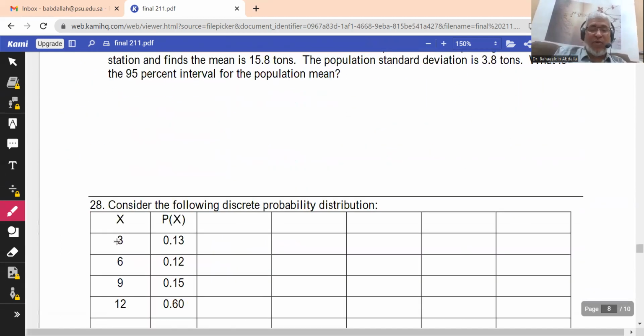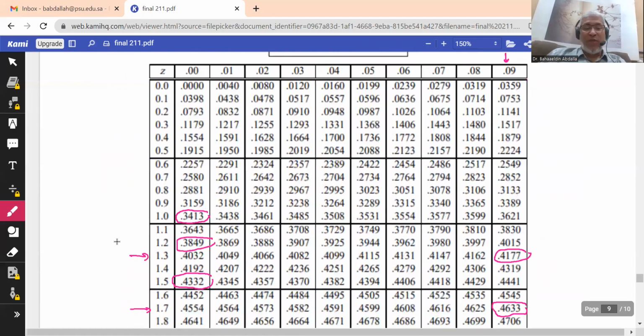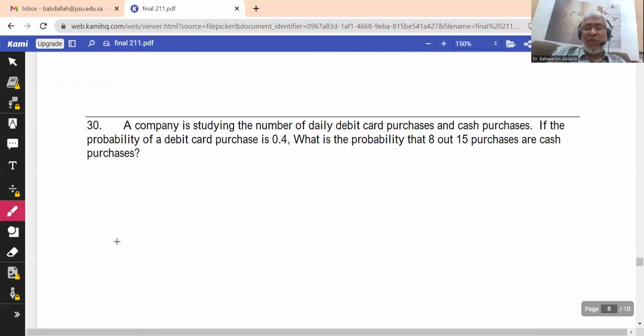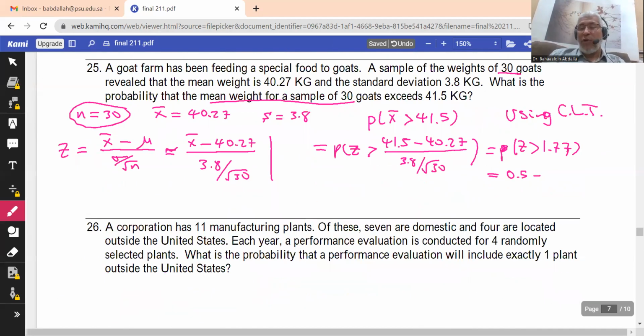If you go to 1.77, this is 1.7, but I need now this one. So 0.4616, and the answer would be 0.0384.